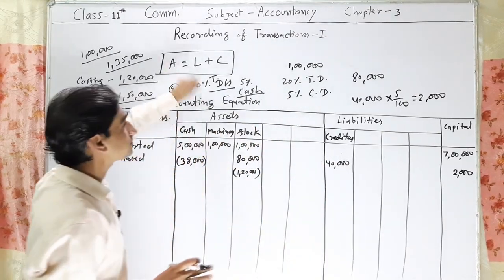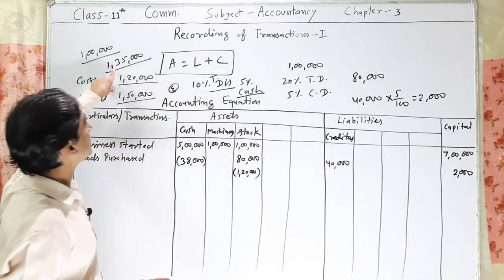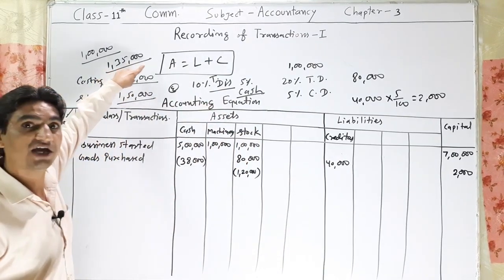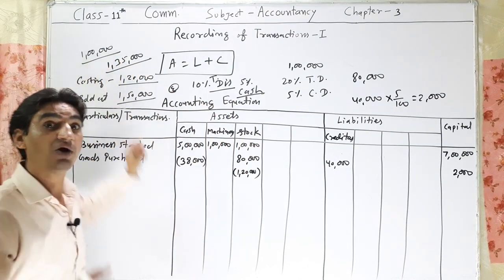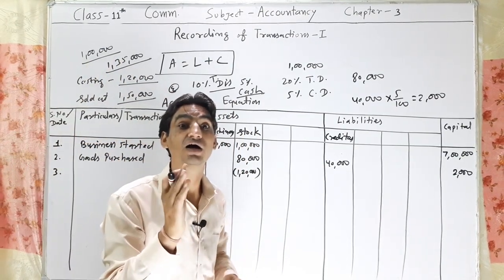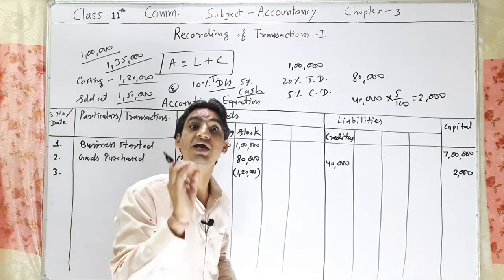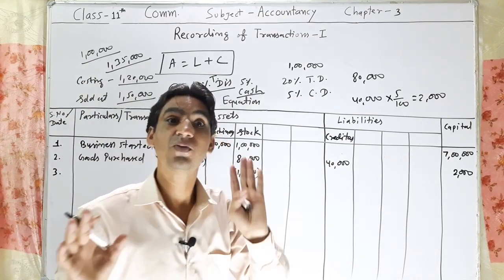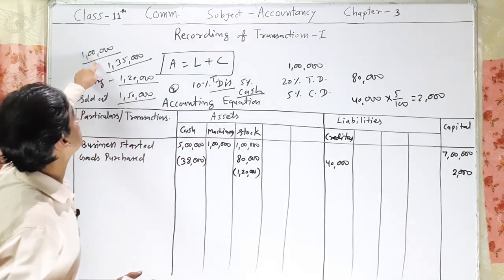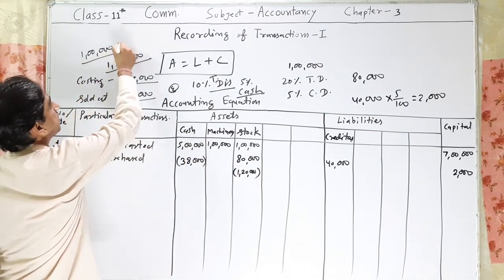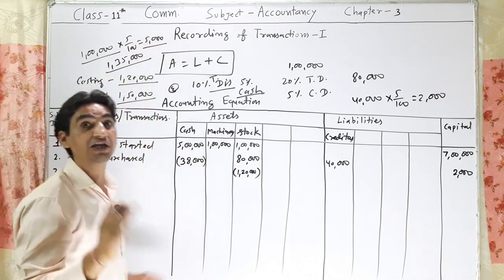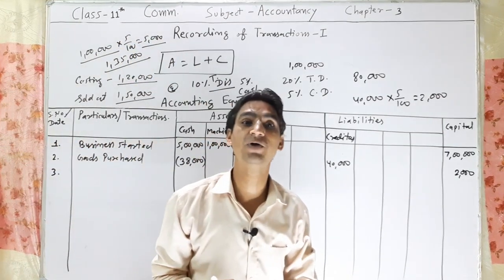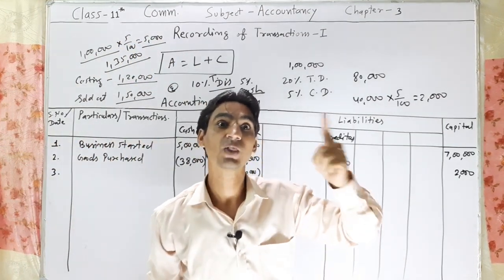So we have sold at rupees 1,35,000. 1 lakh received at the same time and allowed a discount at the rate of 5%. So 5% of 1 lakh is 5,000. We received only rupees 95,000 instead of 1 lakh.